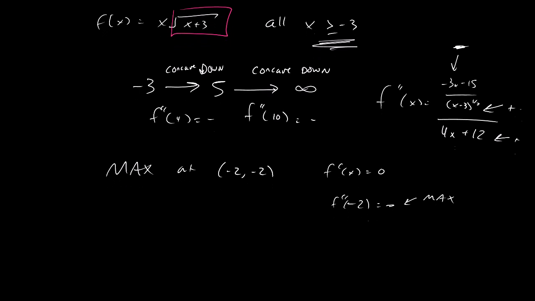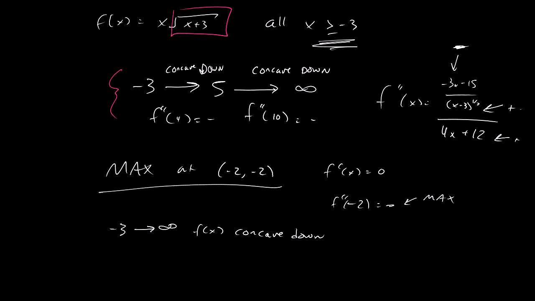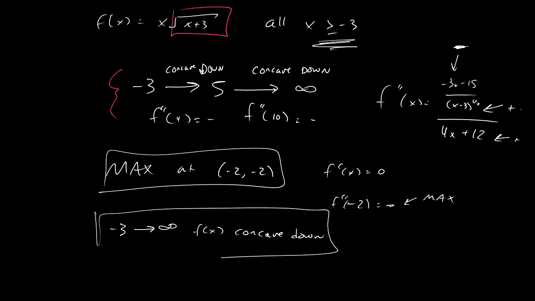We know that from -3 to infinity, our function is going to be concave down because of what we just did. This whole thing right here tells us our concavity. So we found our maximum, and we found our concavity.